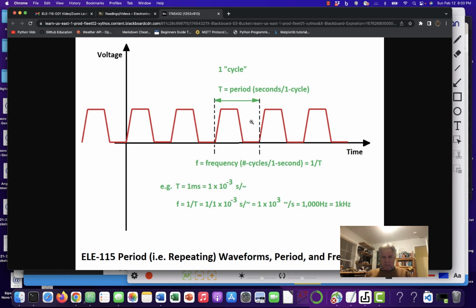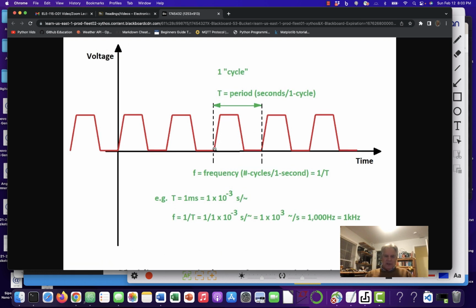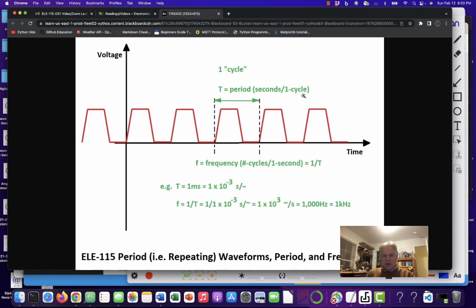Now, the period here is the time for one repetitive cell of this waveform, what we call one cycle. The period is represented by capital T, and it represents the number of seconds in one cycle.